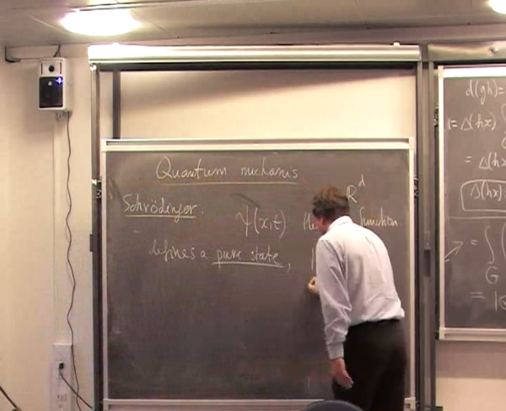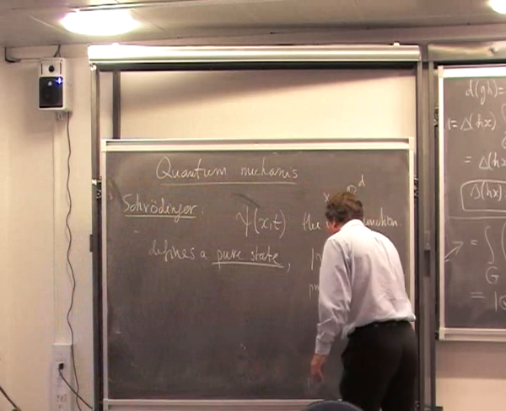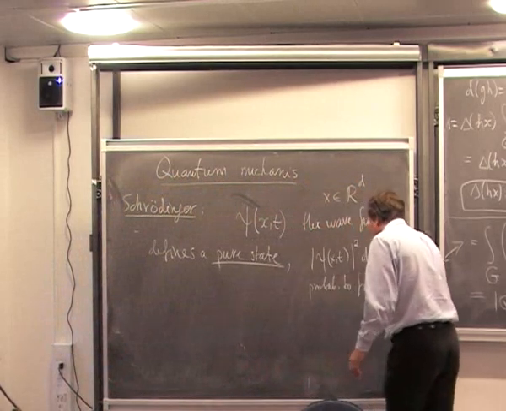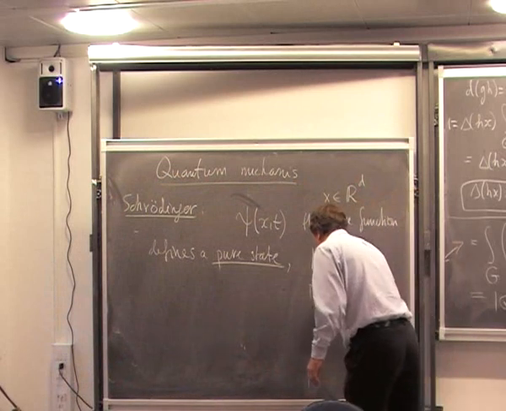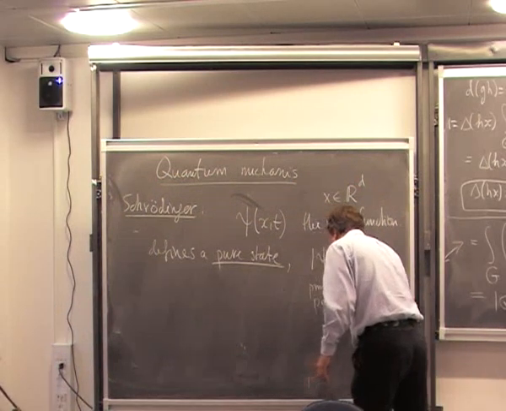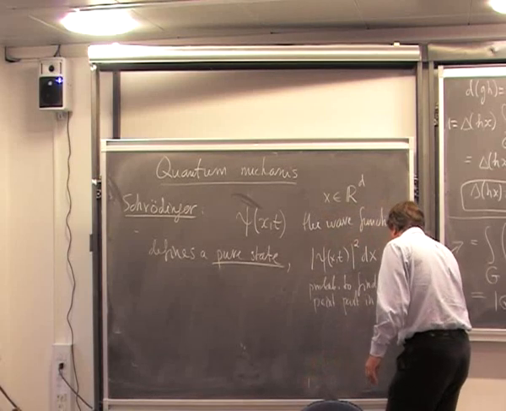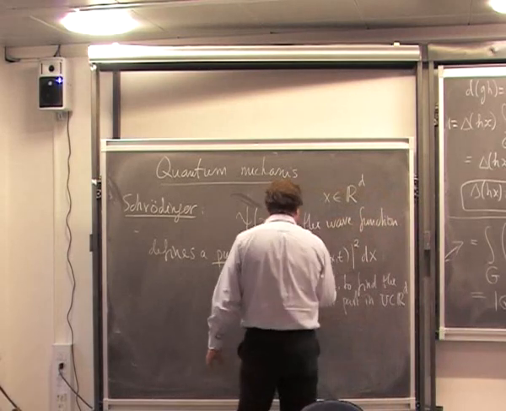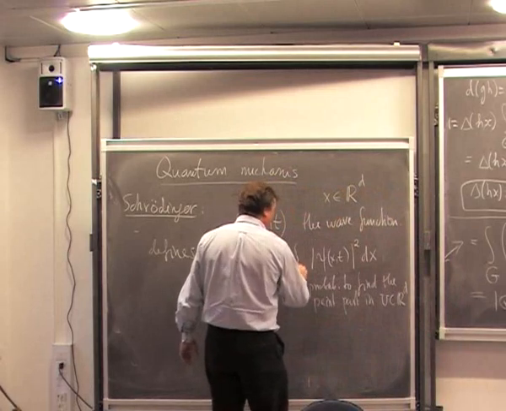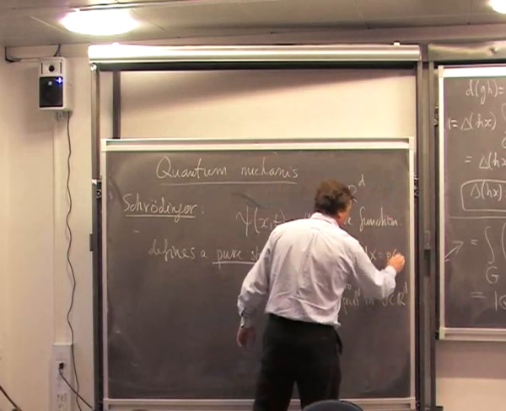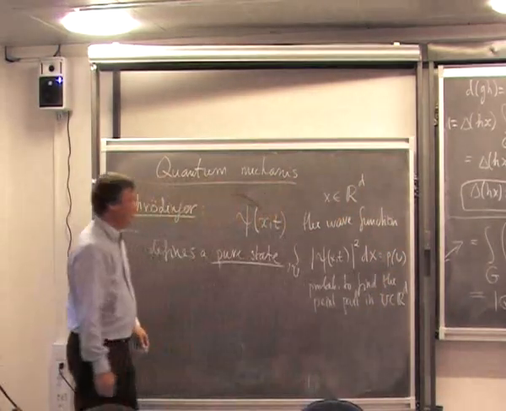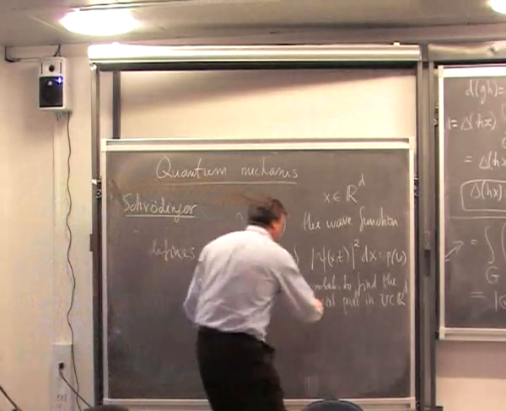So this is the probability to find the point particle in U in R^d, and that's the integral over U, at time t.